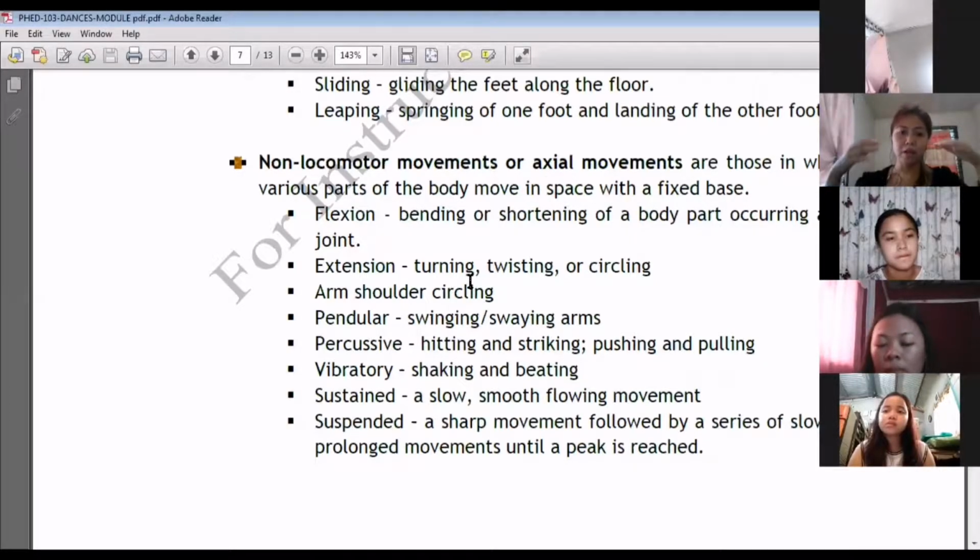So when I stand, that's non-locomotor because I'm just here where I stand. When I shake my hands, I'm moving, yes, but I don't change position. Yun yung difference ng non-locomotor and locomotor.